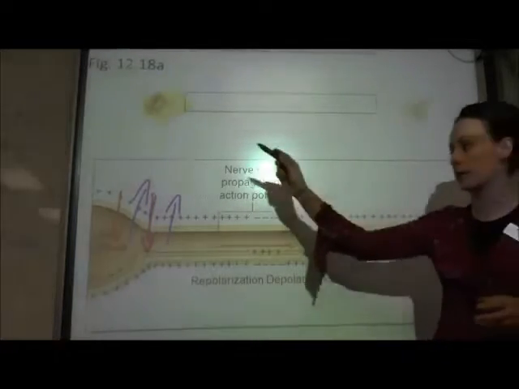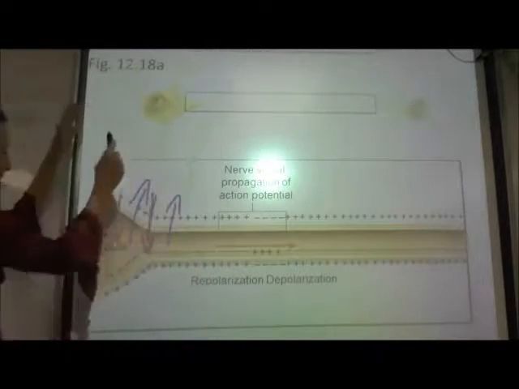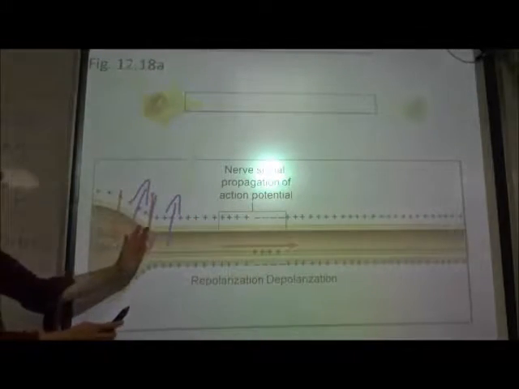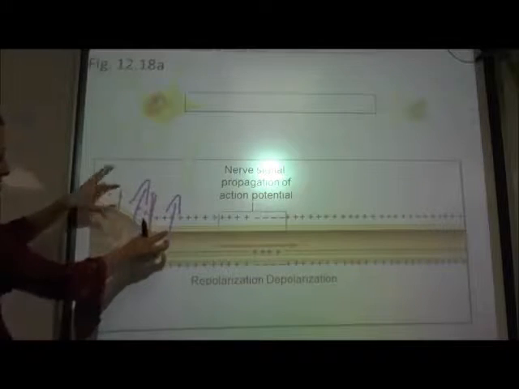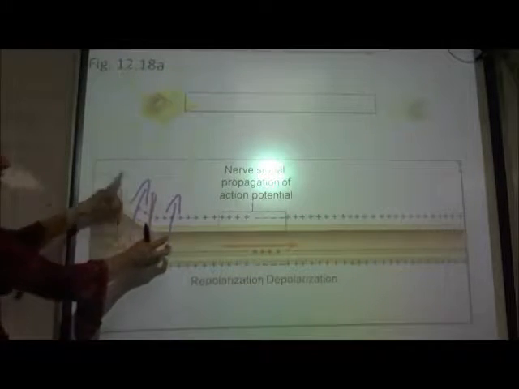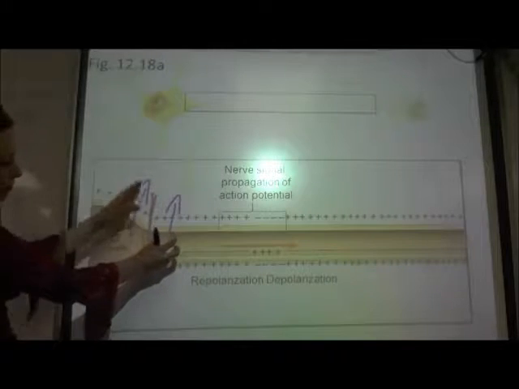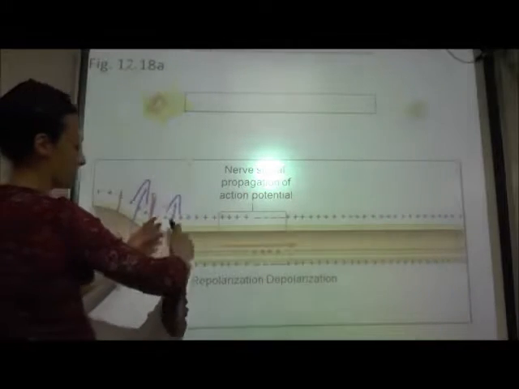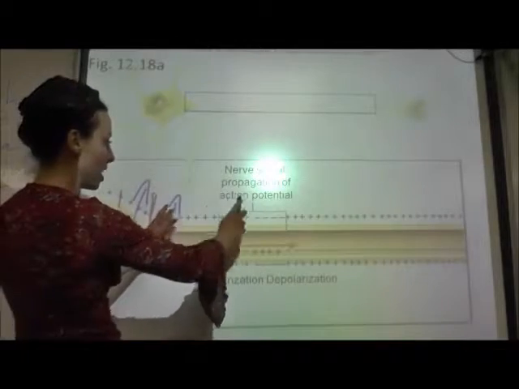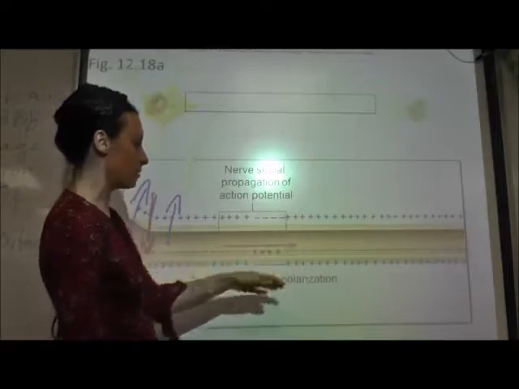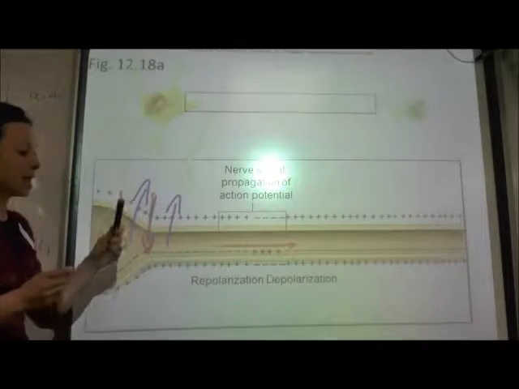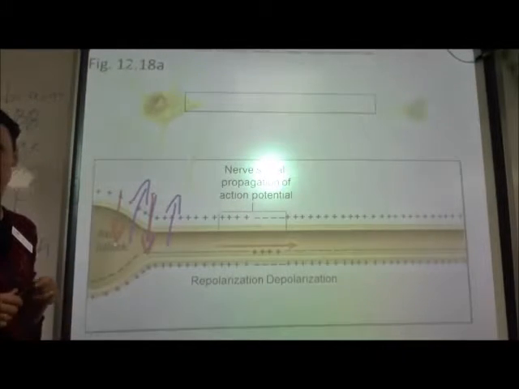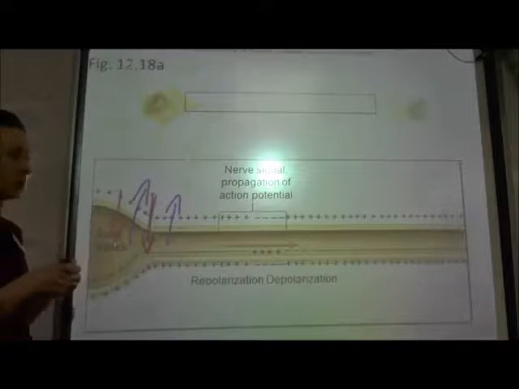As soon as those voltage-gated sodium channels open, sodium's going to rush in. It's going to depolarize the next region, open up these voltage-gated channels. This guy's going to go into its inactivation state. The potassium channel is going to take over and repolarize. This depolarization is going to move like a wave of depolarization followed by repolarization, and it goes down the entire length of the axon. It goes only in one direction because of the inactivation state of that sodium channel.